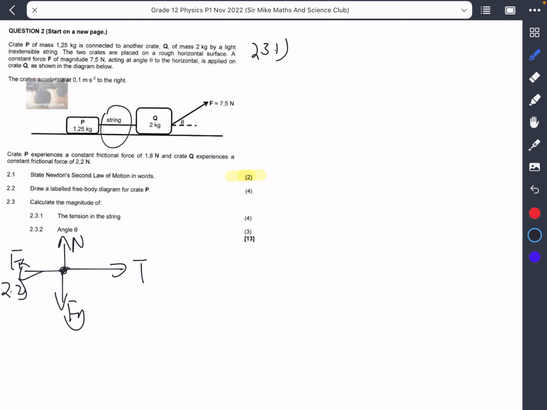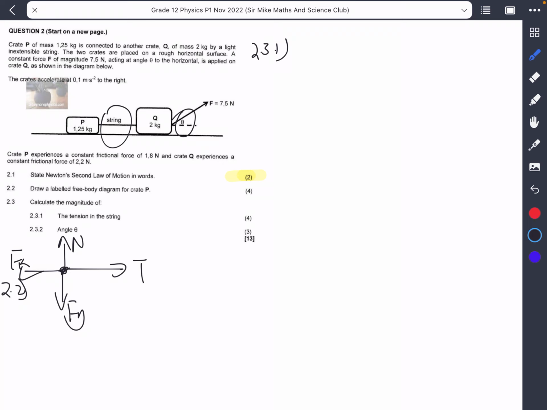If you look at crate Q, we don't know the magnitude of the tension, which is what we are looking for, but we also do not have the angle theta. So in this case, we wouldn't be able to figure out the tension immediately.